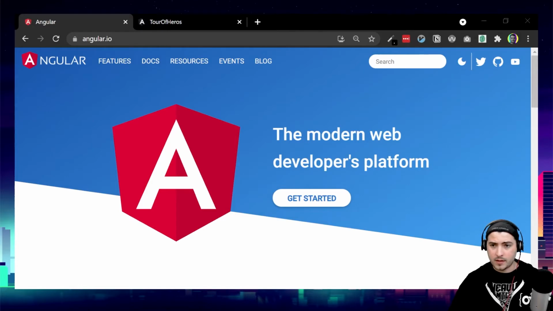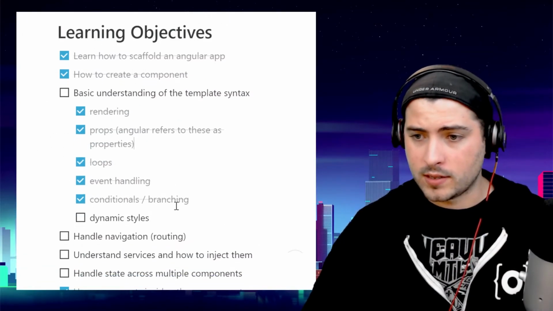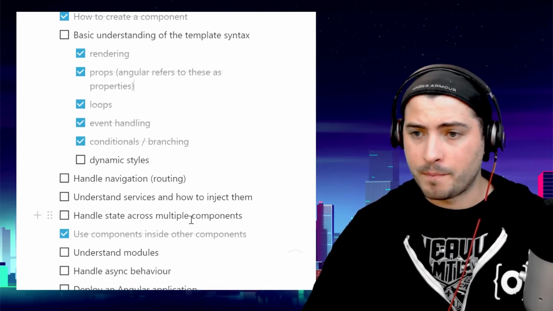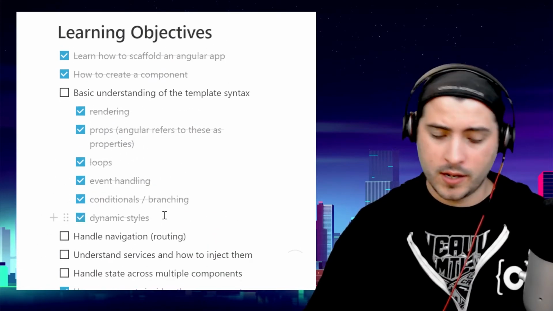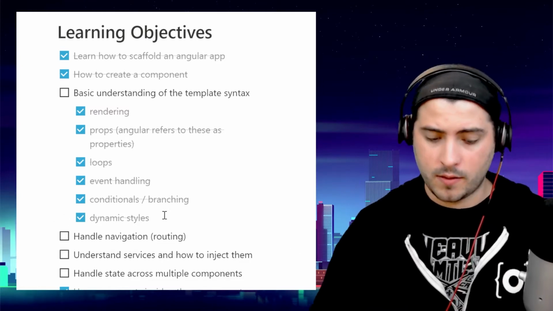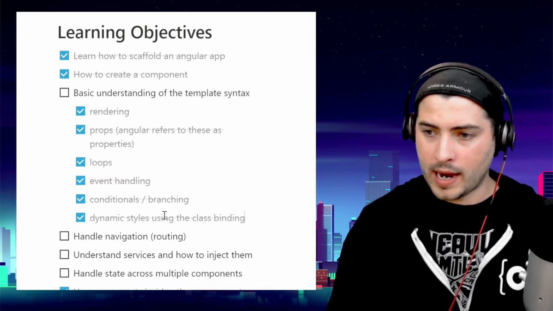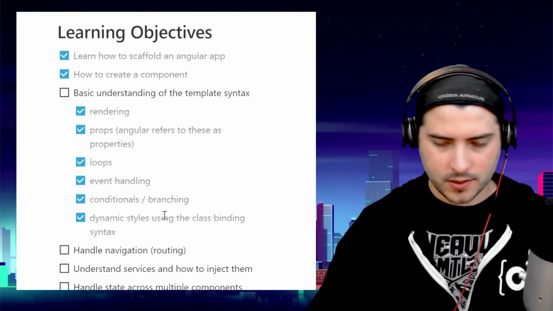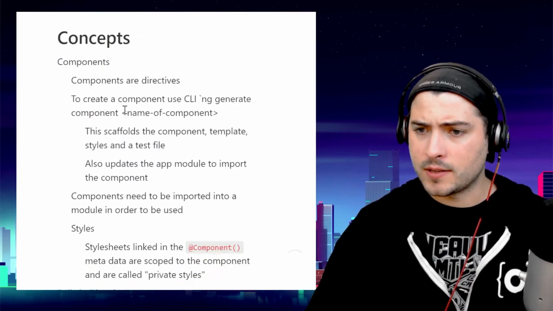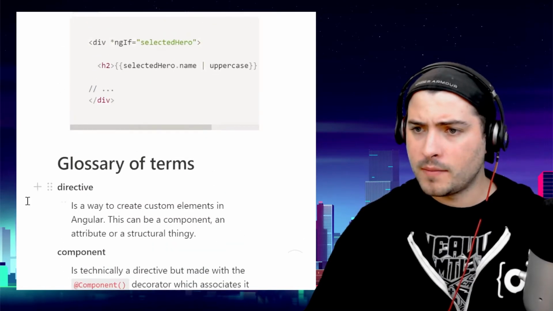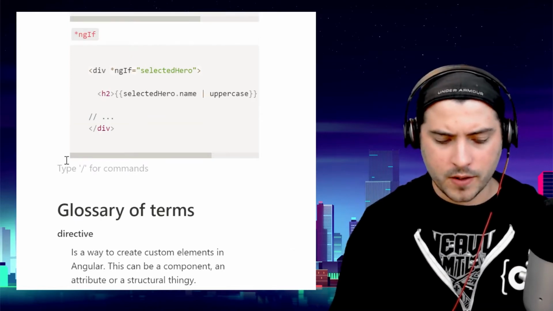And if I switch back over into Notion, where we've been taking notes, forgot to check this one off. We did learn about dynamic styles using the class binding syntax. And then under concepts, I did want to make mention down here, make a little bit of room for myself.